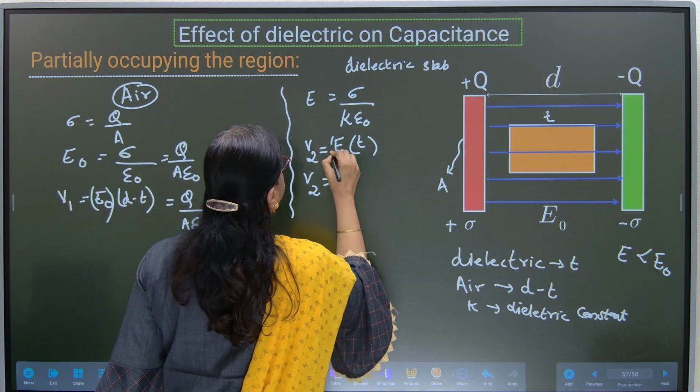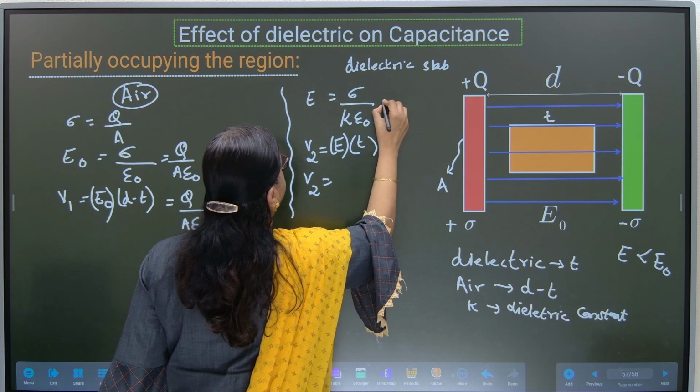Let us substitute E from the above equation, and name this equation 3.